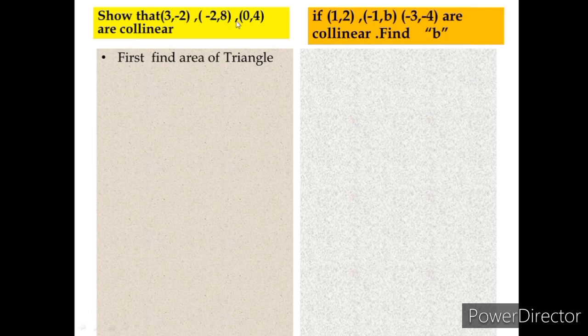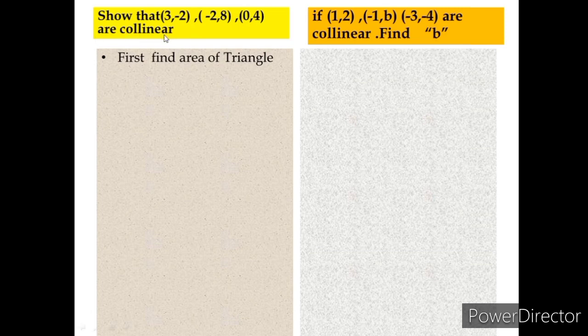If 3 points lie on a line, then you cannot get a triangle. Therefore whenever you don't get a triangle, the area of the triangle should be 0. Therefore to prove collinear, we have to find the area of the triangle. If the area of the triangle is 0, then we conclude these are collinear.